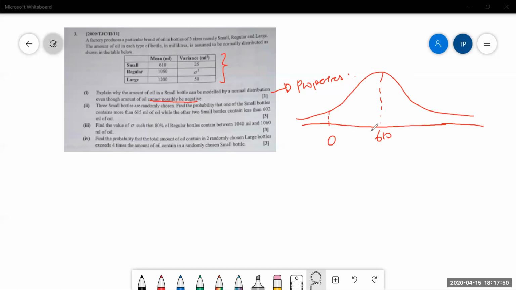Expectation, mean. Therefore, the mode is at the mean. So the mean is at the mode value. Oh, that's the answer. I'm just reading the properties of the normal curve. So it's a good answer.